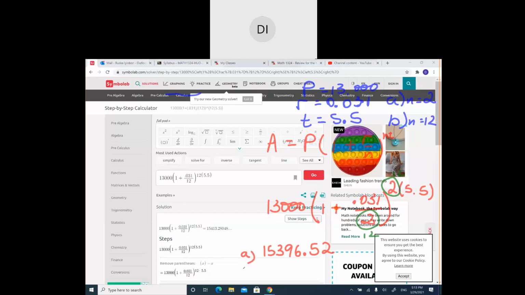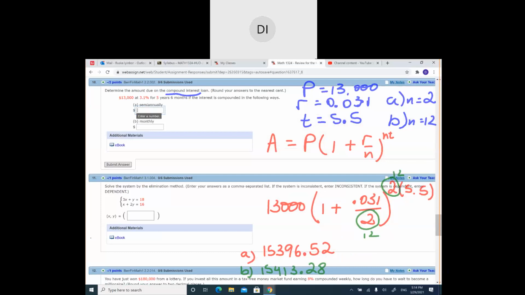I'm going to write B. The answer is 15,413.280, so it's going to be 28. So these are my two answers, and I'm going to double check it for you guys. The first answer for semi-annual is 15,396.52. And the second one is 15,413.28. Let's double check.